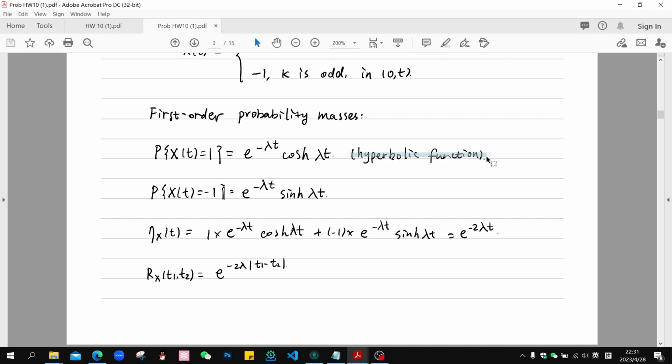These are hyperbolic functions. The expectation is e to the power of -2 lambda t, and the autocorrelation is e to the power of -2 lambda times the absolute value of t1 minus t2.